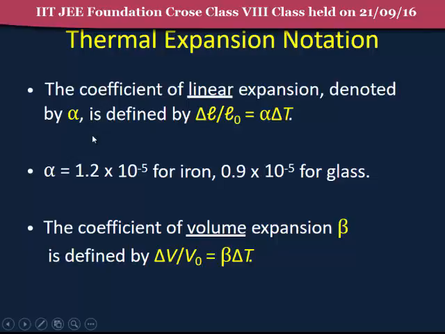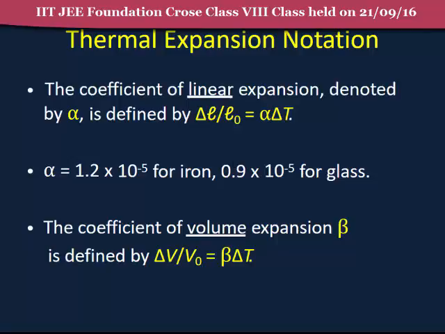That is called alpha: the change in length divided by the original length, per unit temperature change. So alpha equals the change in length ratio divided by the temperature change, per unit temperature, as compared to the actual length.